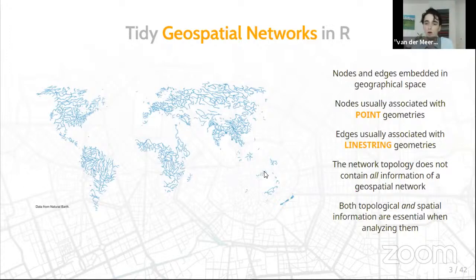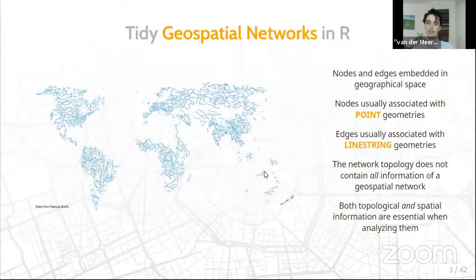But that information alone is not enough to describe the whole geospatial network, because besides this, you also have the spatial information, which is an explicit part of your network.